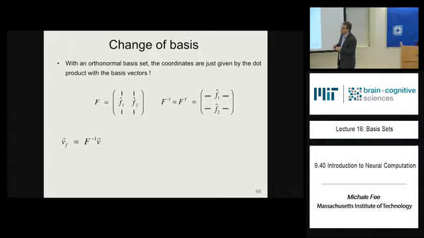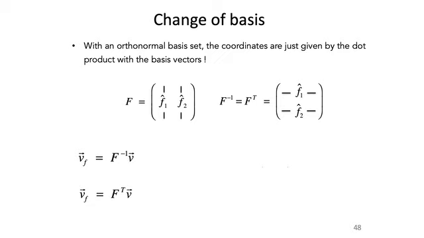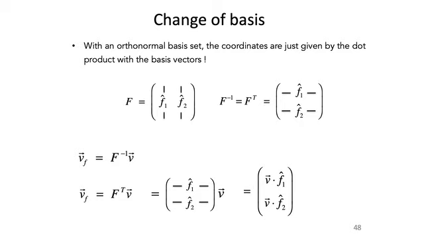Let's do this change of basis for this case. You can see that V sub f, the coordinate vector in the new basis, is F transpose V. That's F, here's F transpose. The basis vectors are in the rows times V. This is just V dot F1, V dot F2.